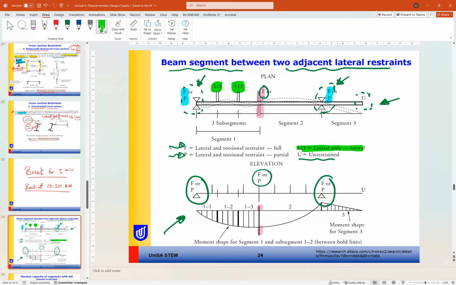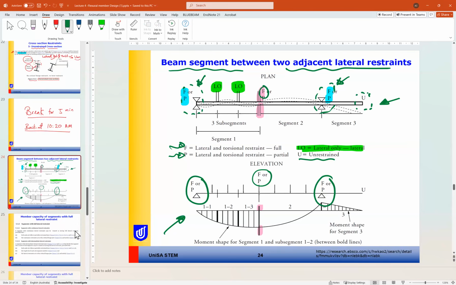So we can consider them as lateral only supports. So this means that we can have different types of lateral support for the beam. So we need to assess which deformation is prevented and which is not prevented to decide if it is fully, laterally, or partially unsupported.